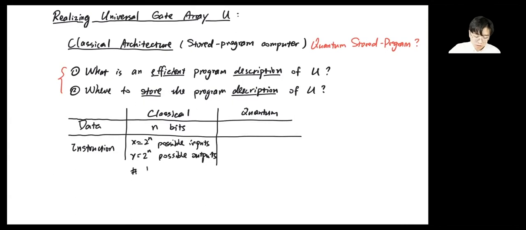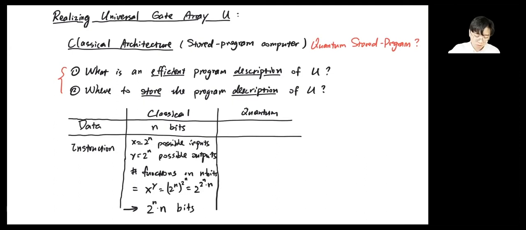Well, the number of functions on n bits is x to the y, which is 2 to the n raised to 2 to the n. We can simplify it like this. So in principle, you could store every function on n bits in the log of that many bits, which is 2 to the n times n bits.